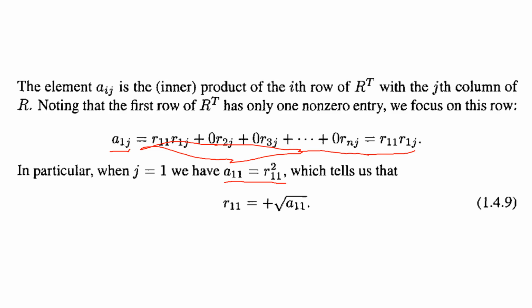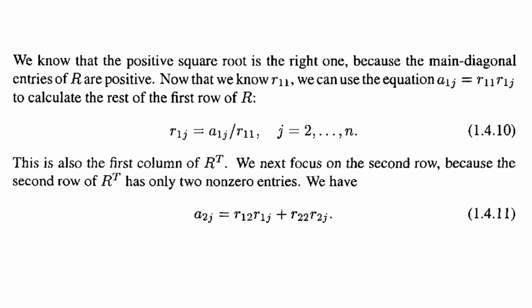And we can easily obtain R11, which is the positive square root of A11. We take the positive square root because the main diagonal entries of R are positive. Now we know R11. We can use the equation for A1j to calculate the rest of the first row of R.